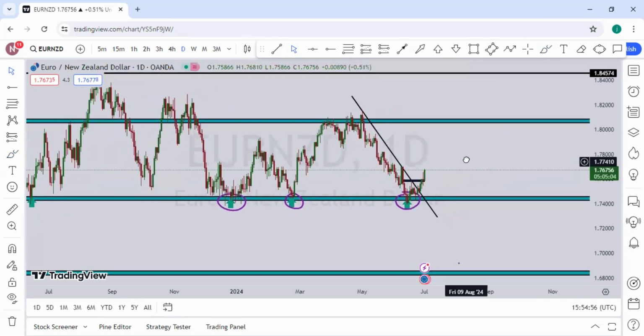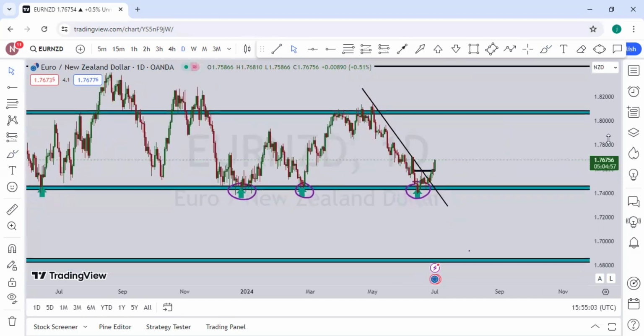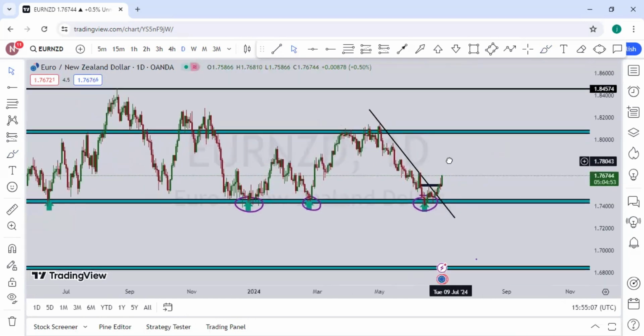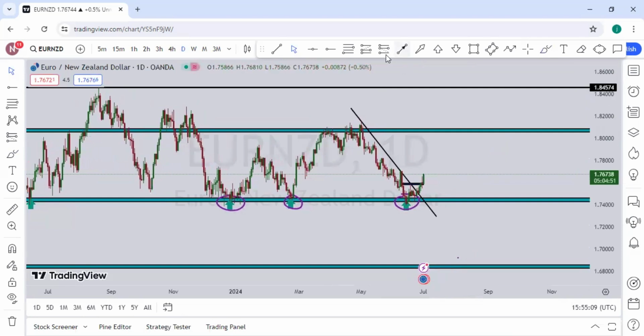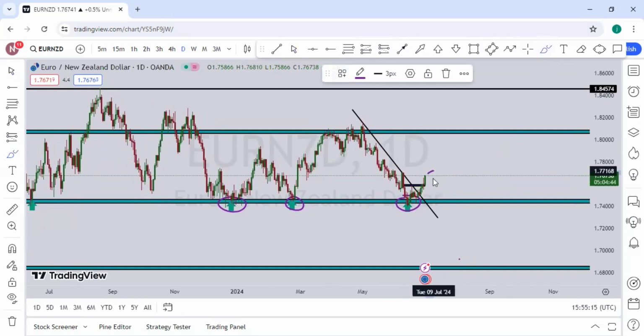You can see even the market has shown me the change of direction at this bottom. So the only thing I'm waiting for on this particular pair is this kind of retracement.